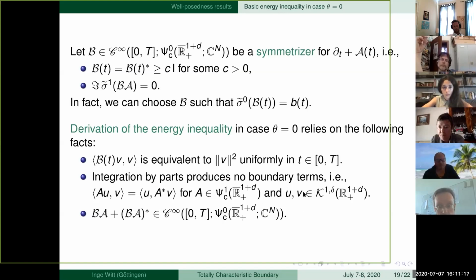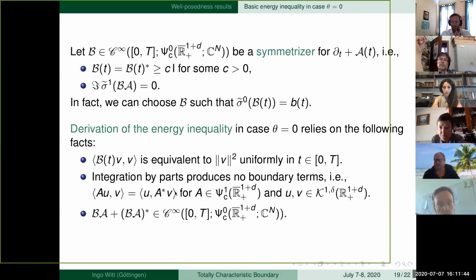The reason is simple. Here is the way we introduce the formal adjoint of A. This equality is valid for all test functions, for all smooth functions supported away from the boundary at x equals 0. But if we disregard the asymptotic terms from the considerations, then the test functions are dense in that space.